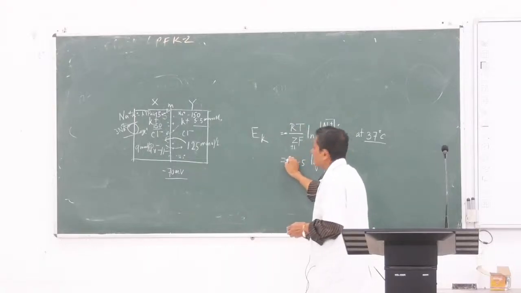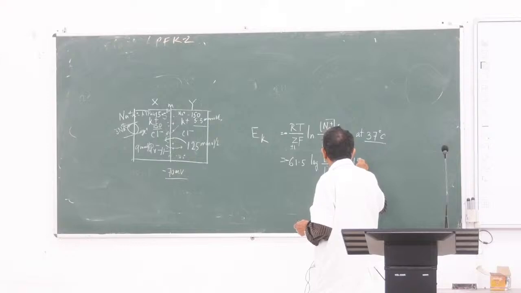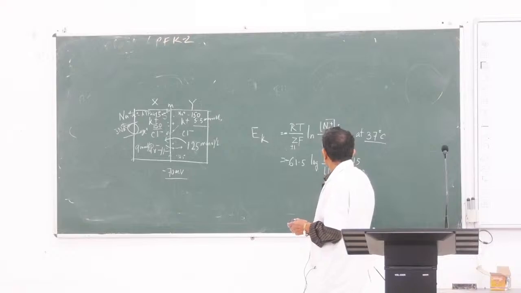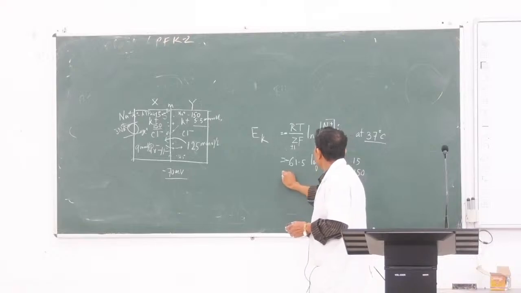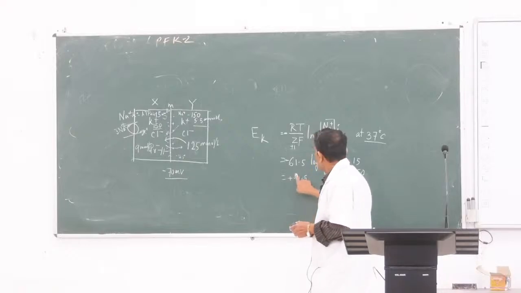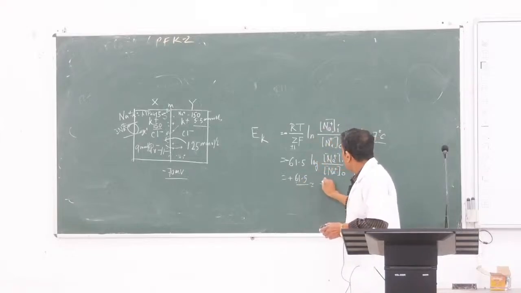As there is a minus sign, it is 15 inside and 150 outside or so, so you can think it is plus 61.5 log 10. So roughly the value is plus 60 millivolt.